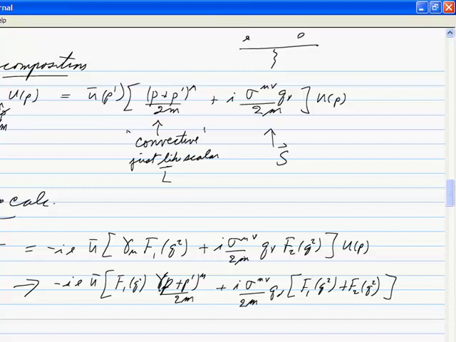We also showed, by charge renormalization and the Ward identity, that F1 of 0 was just 1. That says that the overall charge that is here is the renormalized charge.